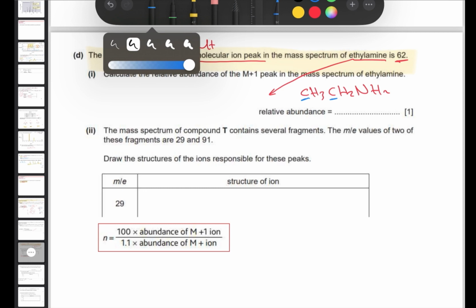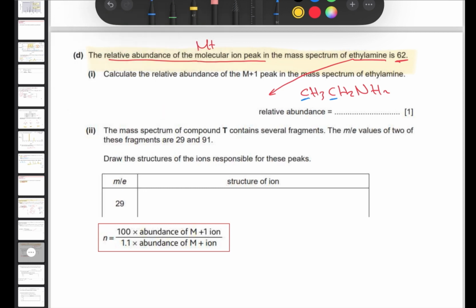Now the question is asking me to calculate the relative abundance of the M plus 1 peak in this mass spectrum. I have the number of carbons, and this is the missing part, the M plus 1. We have 100, which is already in the law, and 1.1 is already in the law, and the height here is equal to 62.